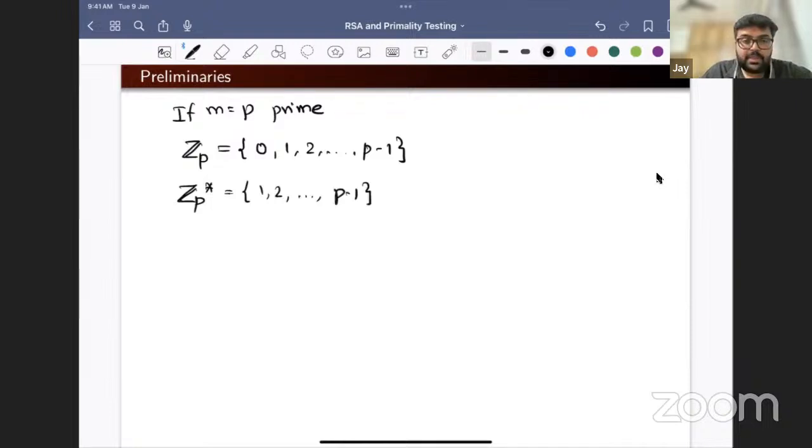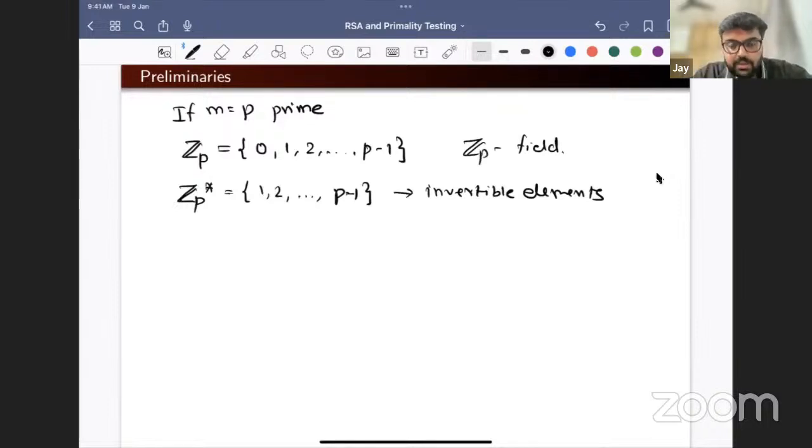Because p is a prime, all the positive integers less than p are relatively prime to p, right? And the GCD is 1, and so they have an inverse. So these are all invertible elements. So we often call Z_p a field, right? Z_p is a field with p elements. All non-zero elements have an inverse.